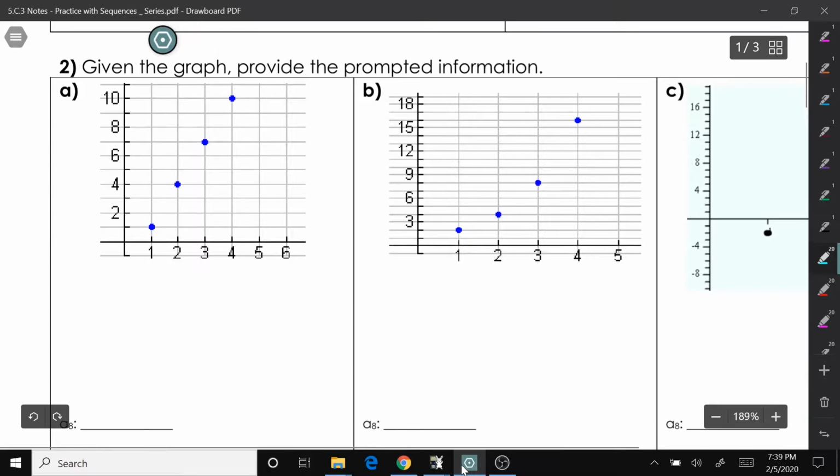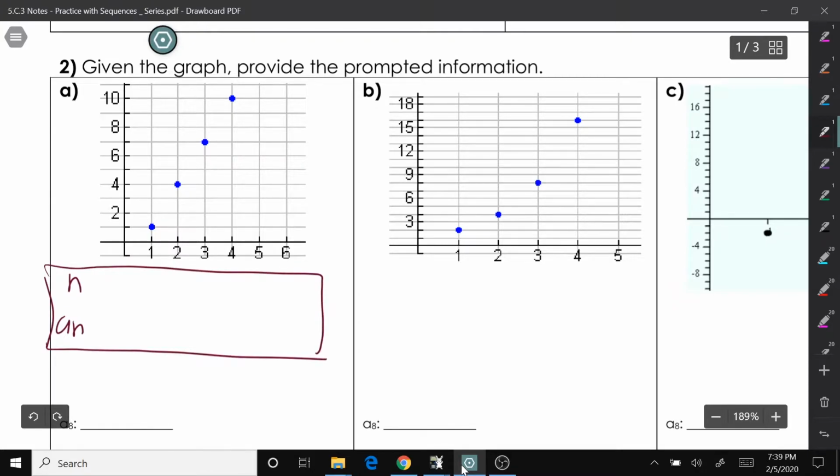All right, number 2, we have dots here. So what I like to do with the dots is make a table at this point. We have n, and we have an. And we need our starting value.